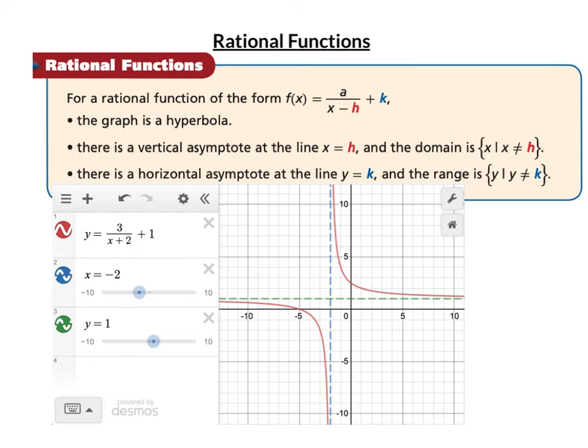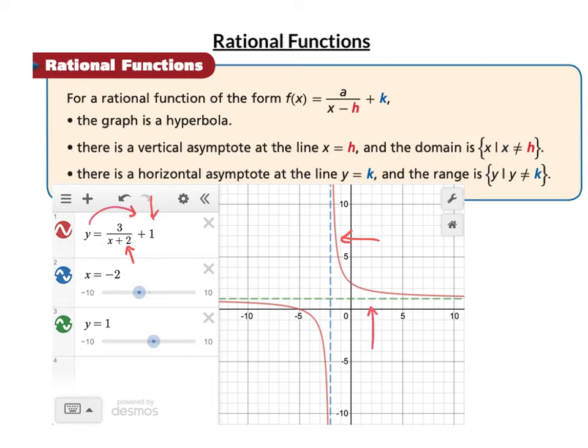Notice in this example that x got replaced with x plus 2, and it's horizontal because x is being replaced. What happens to the points and what happens in the equation are inverses of each other. So plus 2, rather than moving to the right, moves it to the left. Left 2. And this plus 1 is a vertical transformation. It increases y by 1.